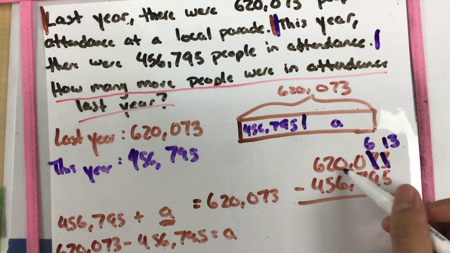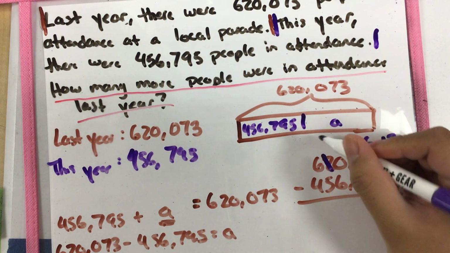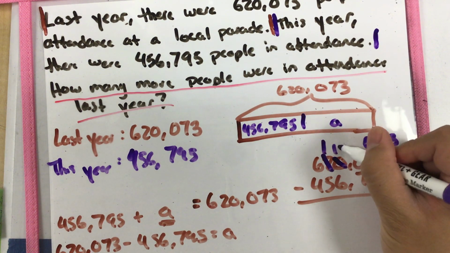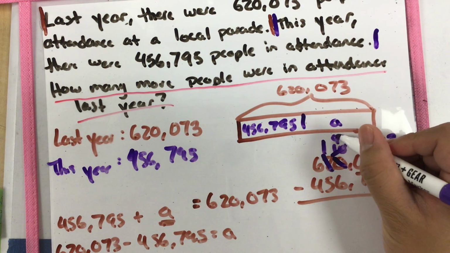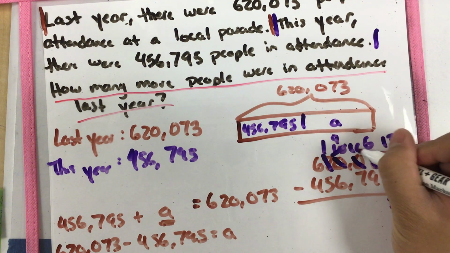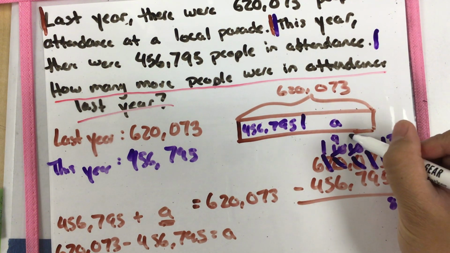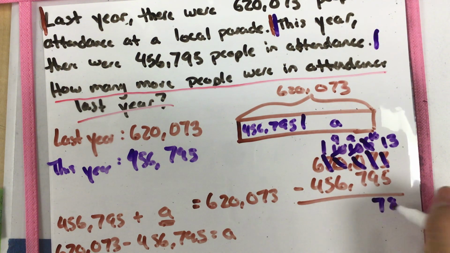So we can't take from 0 thousands, so we're going to go all the way to our 10 thousands. One of these 10 thousands will be taken, so there's 1 left, to give us 10 1,000s. And one of those will be taken to leave 9 to give us 10 hundreds. So then now we can borrow from our 10 hundreds. So 9, add 10 to our 6 tens, and we get 16. So 16 minus 9, that equals 7.